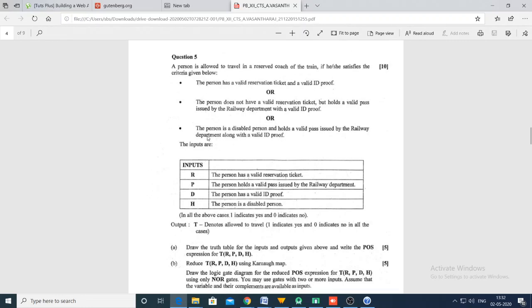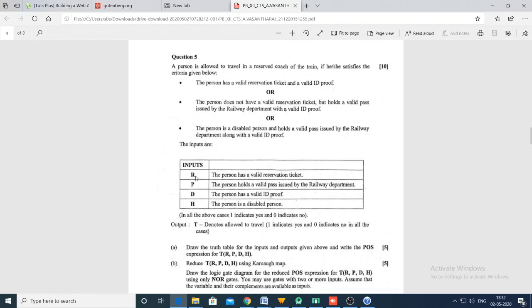The person has a valid reservation ticket, R, and a valid ID proof, D. So the first condition will be true only if he has both.